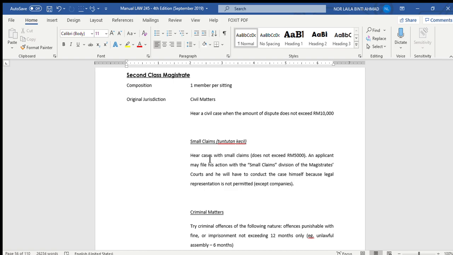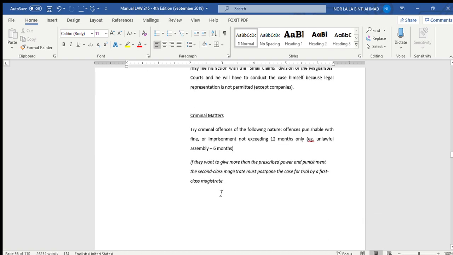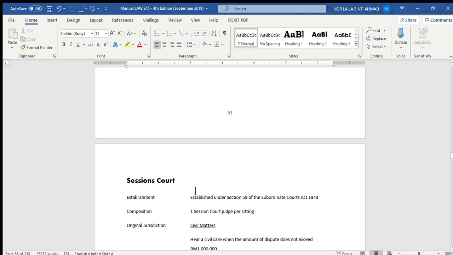The first-class magistrate may also dismiss a criminal appeal if he considers there is no sufficient ground for interference, but only if we have the penghulu court. Later we continue with the session court.